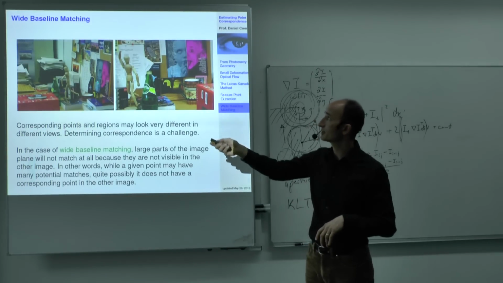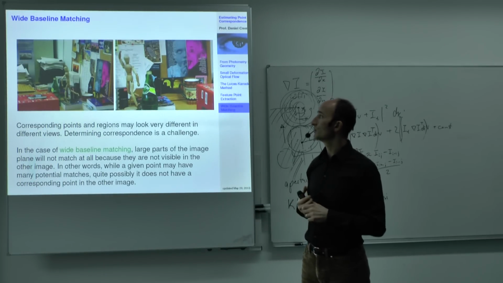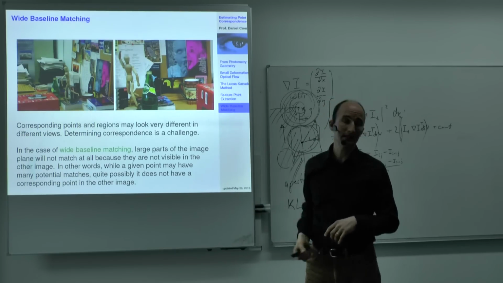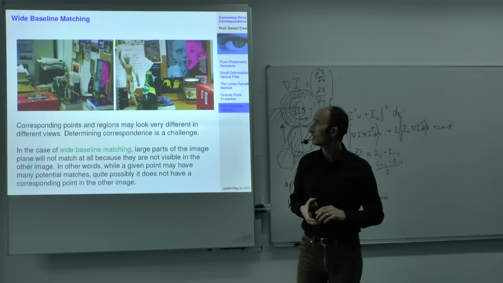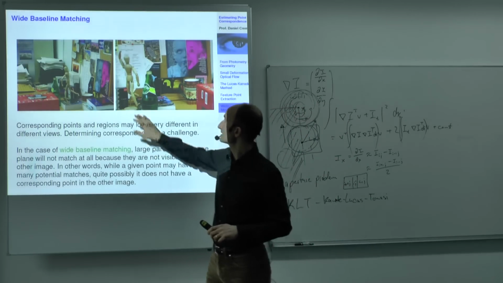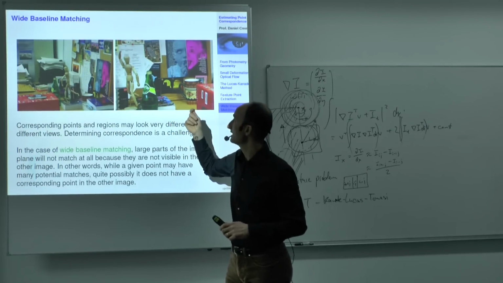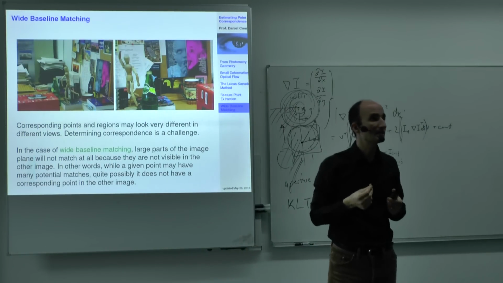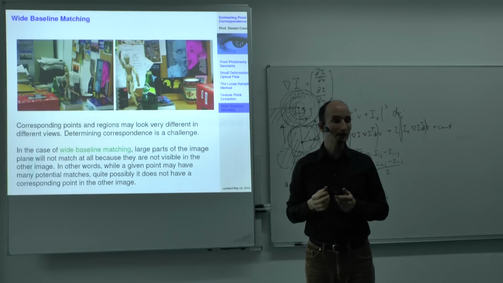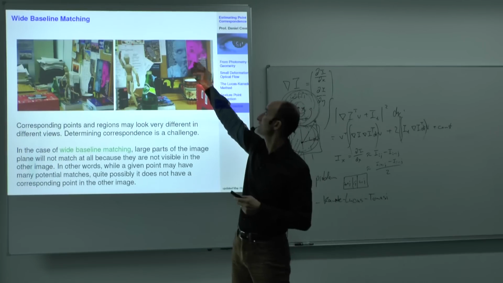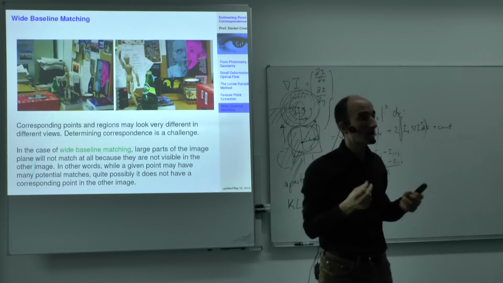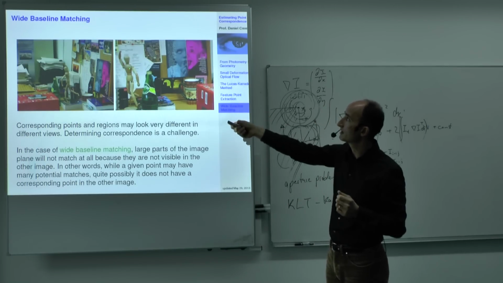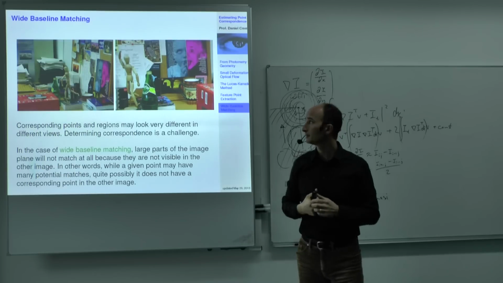So planar structures are nowadays fairly well studied. Non-planar structures, say the mannequin, for example, is a nasty thing to treat. It's also nasty because it's slightly specular, slightly shiny, and because it doesn't have substantial intensity variation. It's fairly constant in color, whereas the Einstein image has a lot of brightness and color variations. So there's a lot of texture here, and on the mannequin you have fairly little texture.